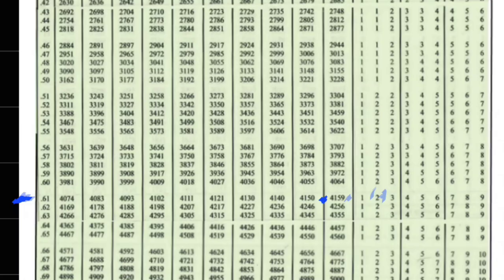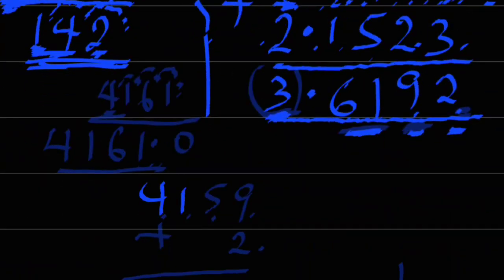This is where they meet. The value there is 4159. Then you write it down.